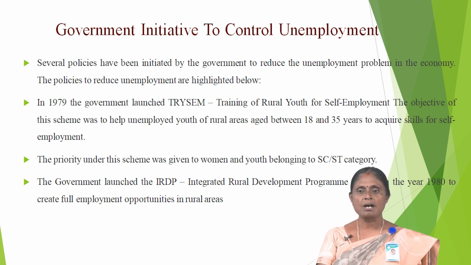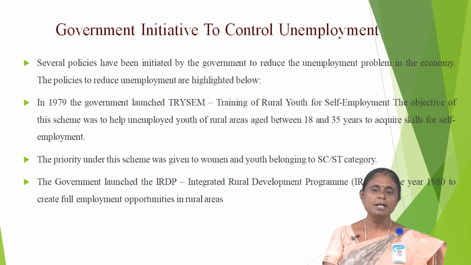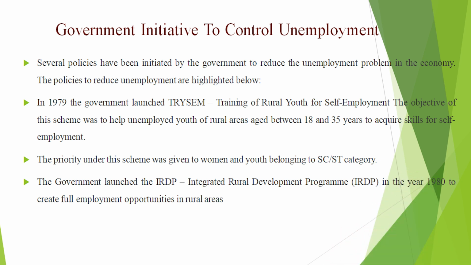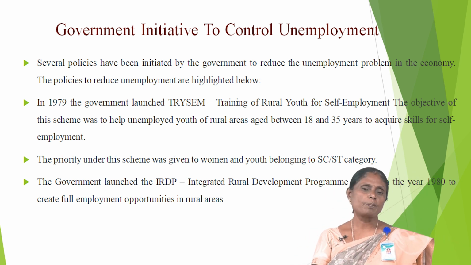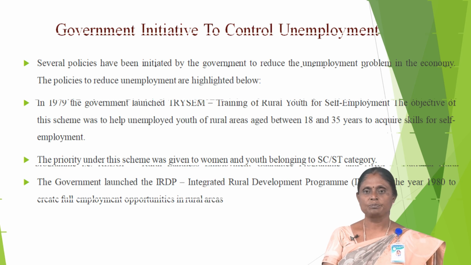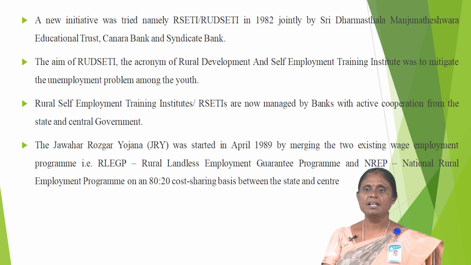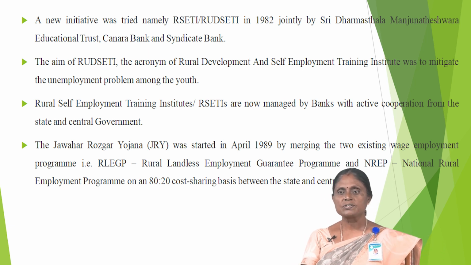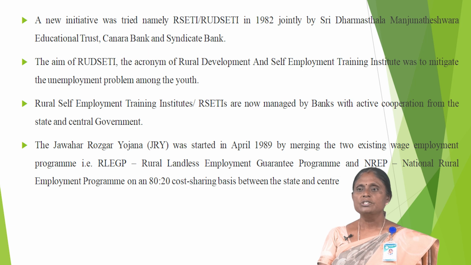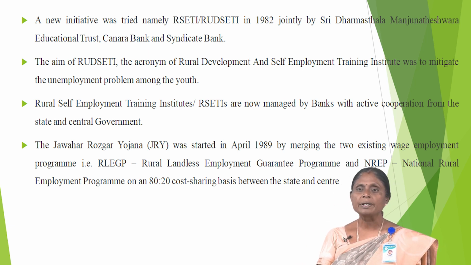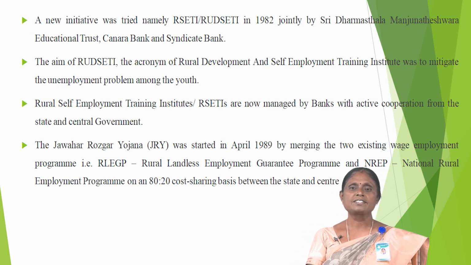And also the government launched the IRDP scheme, that is the Integrated Rural Development Program, in the year 1980. What is the main motive of this IRDP scheme? To create full employment opportunities in rural areas. And another new initiative was tried, namely RSETI and RUDSETI, in 1982, jointly by Sri Dharmasthala Manjunatheshwara Educational Trust, Canara Bank and Syndicate Bank.